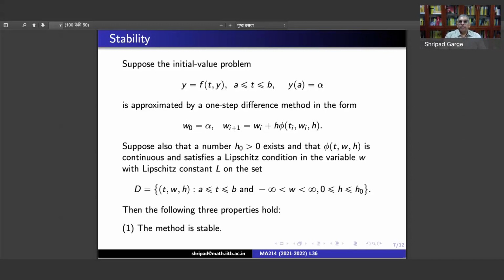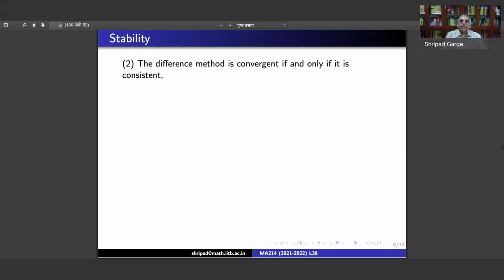What are the three properties? Number one is that the method is stable. The second property is that the difference method is convergent if and only if it is consistent. Consistency, which is a slightly weaker measure than convergence, is equivalent here provided those two conditions are satisfied.